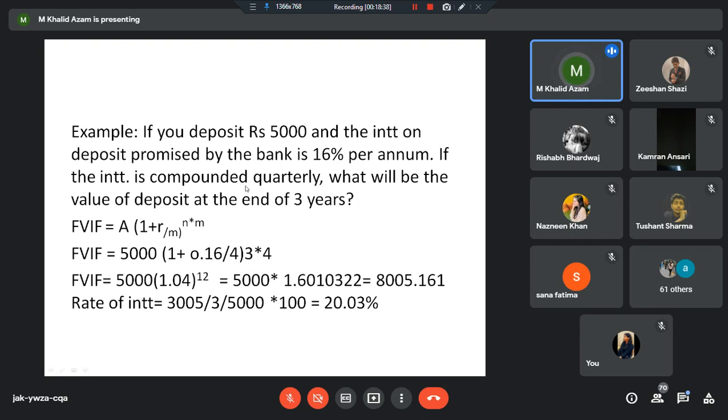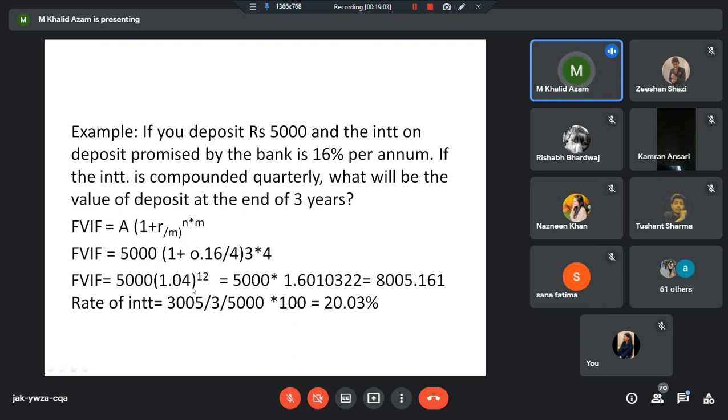It is going to be compounded quarterly, so divided by 4, to the power 3 multiplied by 4. That will become 3 multiplied by 4, 12. Now here 1 plus 0.16 divided by 4, that is 1.04 to the power 12.